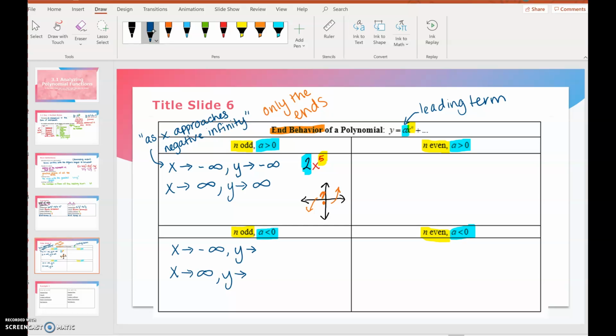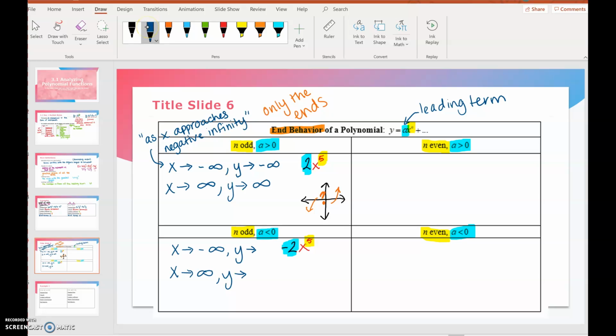So when you have an odd number, again, I'll write one down. So if we have x to the fifth, again, we'll just use the same exponent. And a is less than 0 this time, so let's do a -2, because then that's less than 0. So our n is the 5 and our a is that -2.